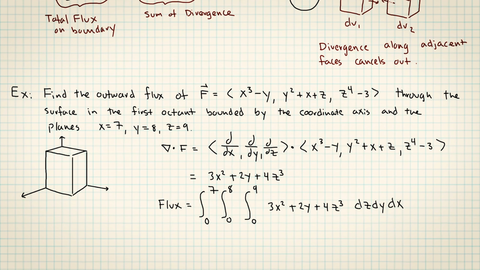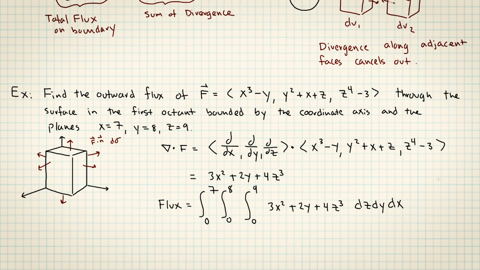If we were going to do this without using the divergence theorem, then what we would have to do is find a normal vector to each one of the faces of this box. Each one of these normal vectors, we're going to have to project the force field onto that normal vector. Then we're going to have to integrate that projection over every point on the surface.